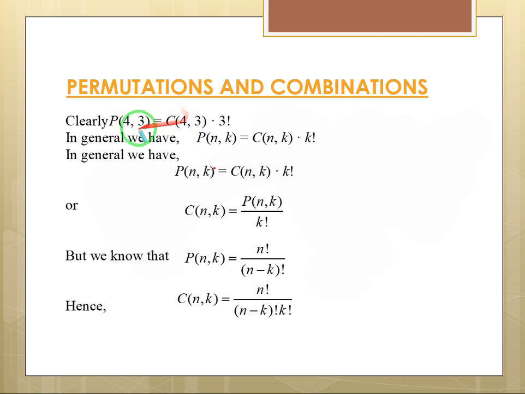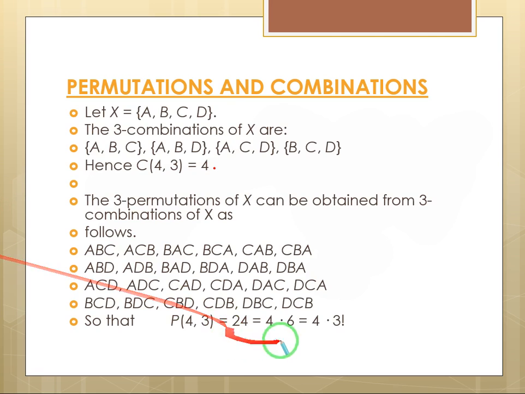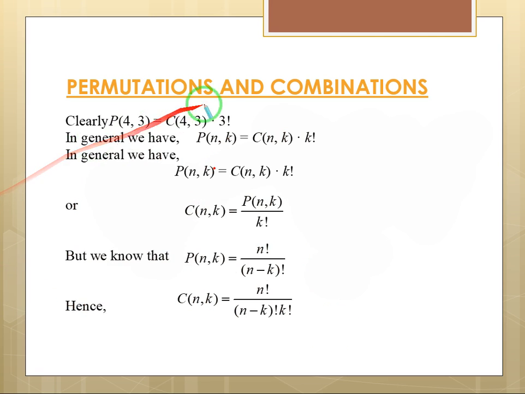In a combination, total number is 4 and the selected is 3, but at the end we need to multiply by a factorial term of the selected elements. How many selected elements were there? 3. So we can take the selected elements factorial, 3 factorial, okay.